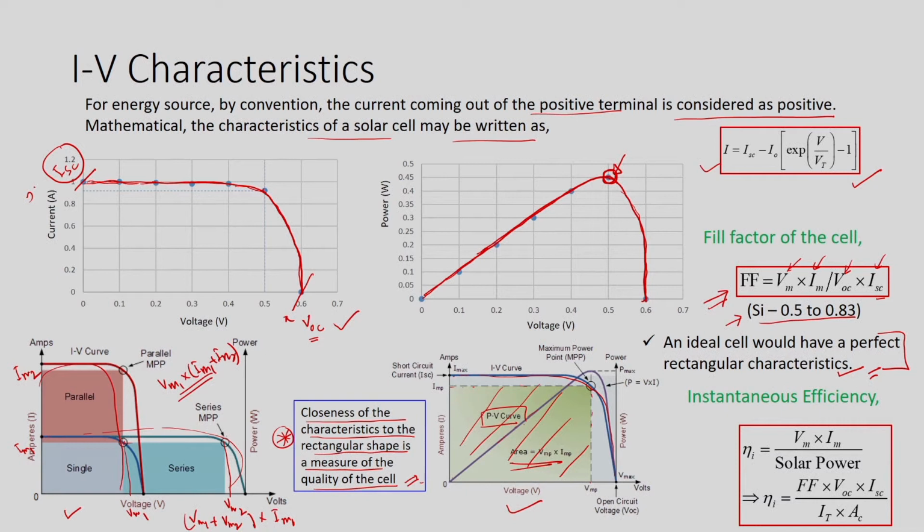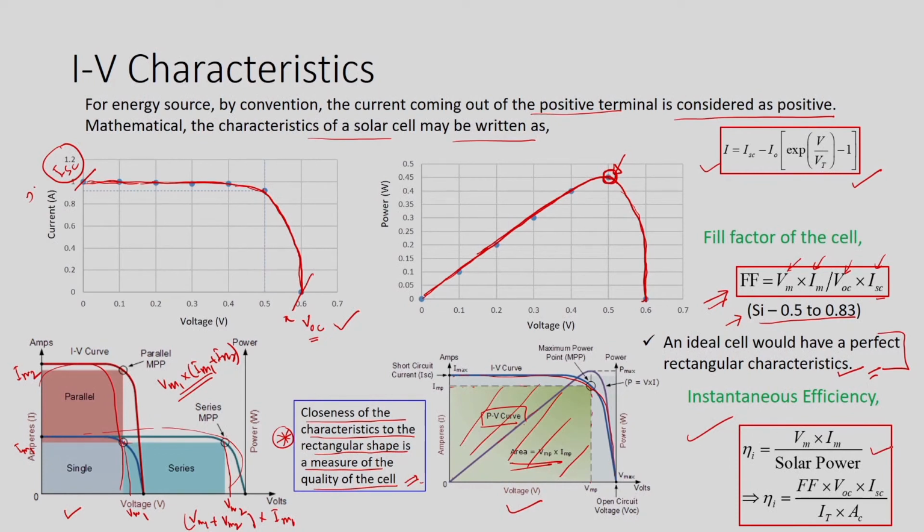We can also define the instantaneous efficiency. If I am interested in the maximum instantaneous efficiency of a solar cell, it can be calculated using a simple expression: Im multiplied by Vm, divided by the solar power, meaning the amount of solar radiation received by the solar cell. Since we already know the expression for FF, we can relate instantaneous efficiency to fill factor.